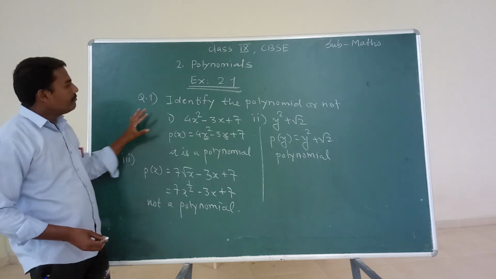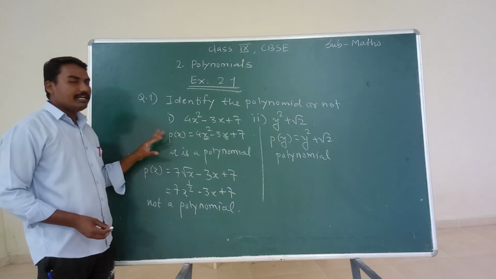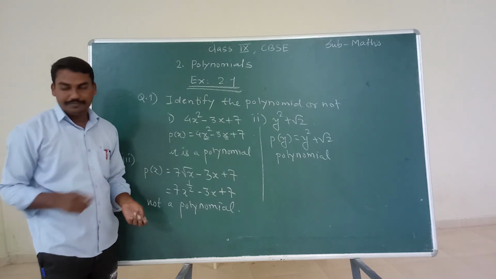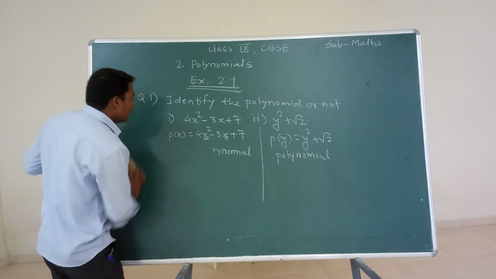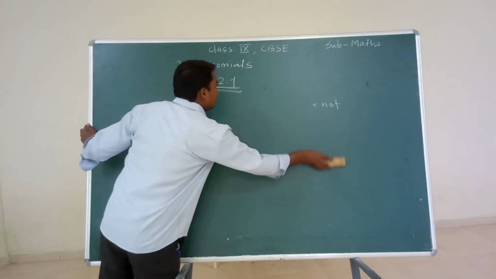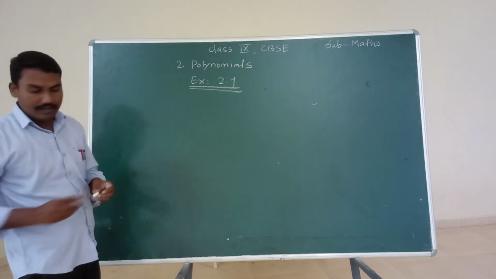So this is question number first, how we have to identify whether the given mathematical expression is a polynomial or not. Understood? Now question number second, find the coefficients of variables.